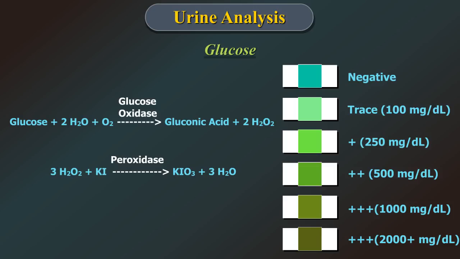Glucose. The test is specific to glucose using glucose oxidase peroxidase method. Glucose oxidase catalyzes the formation of gluconic acid and hydrogen peroxide from oxidation of glucose. A second enzyme, peroxidase, catalyzes the reaction of hydrogen peroxide with potassium iodide chromogen to oxidize the chromogen to colors ranging from green to brown.